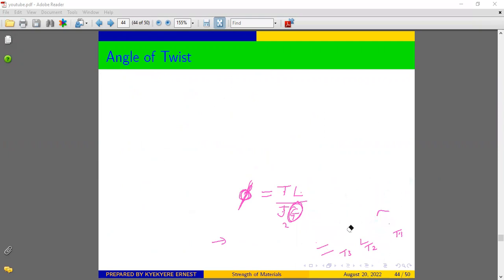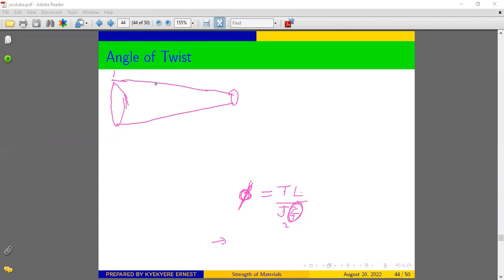So for example, if I have a rod like this, which is tapered, and the diameter is decreasing continuously from one point to the other along the length of the material.